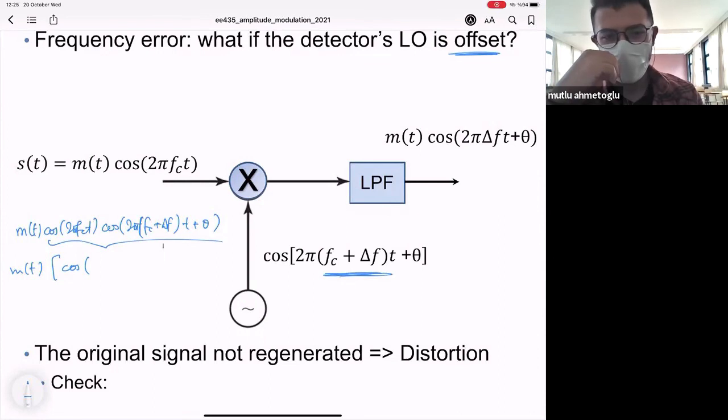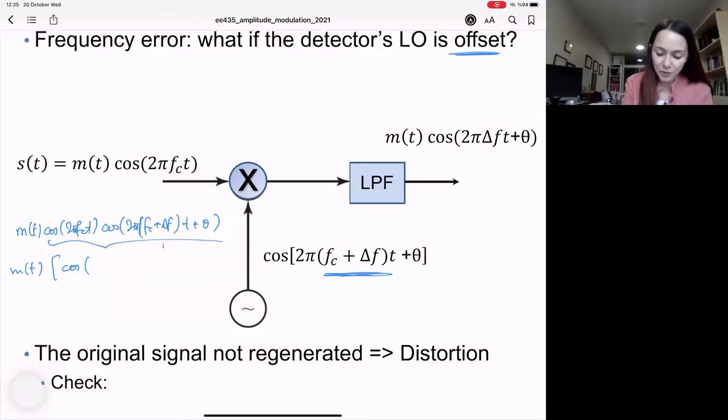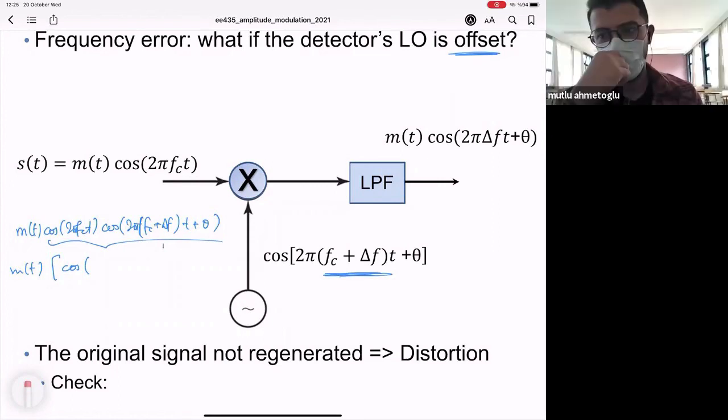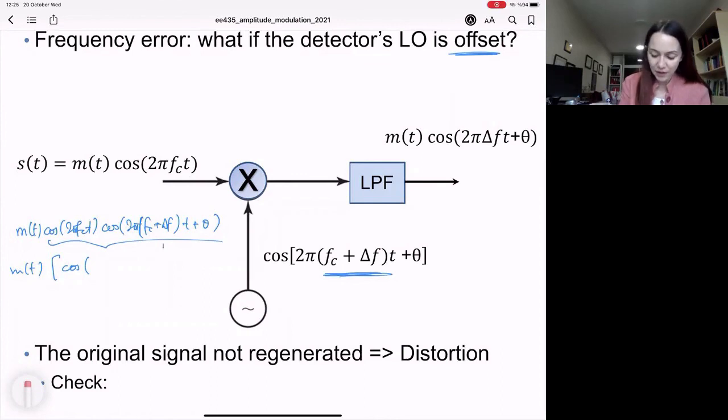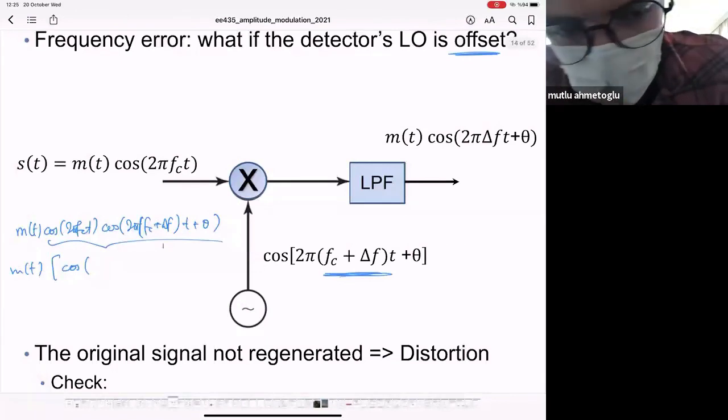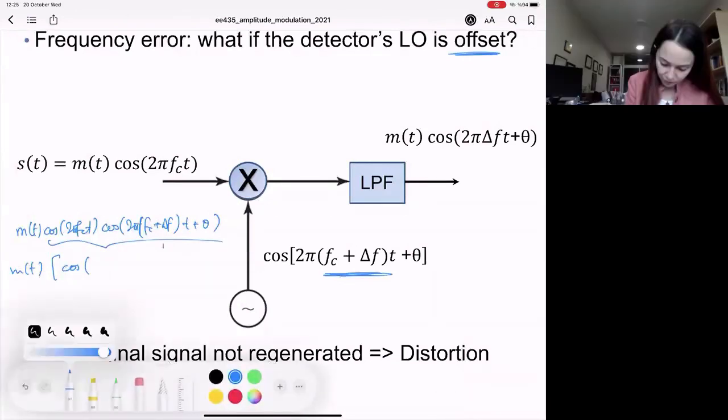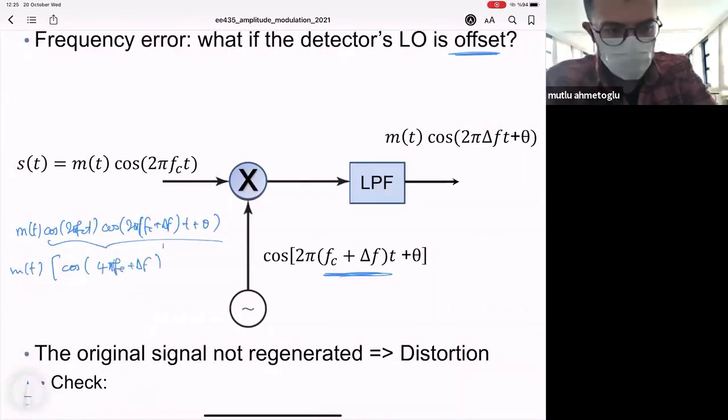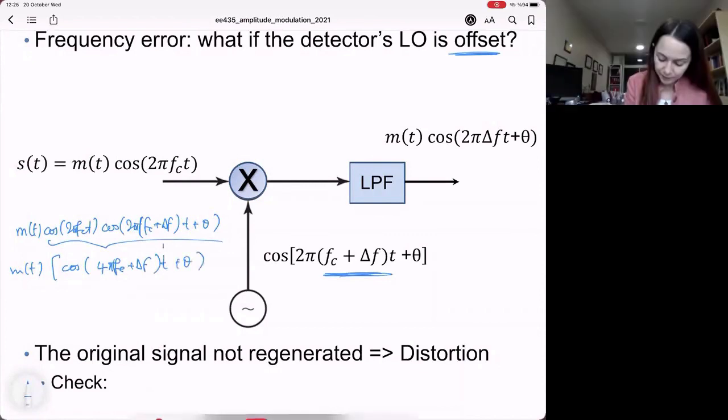Cosine A times cosine B. Well, cosine A plus B is cosine A cosine B minus sine A sine B. From that, you can derive that this is cosine of 4 pi (fc plus delta f) t plus theta, plus cosine 2 pi delta f t plus theta.